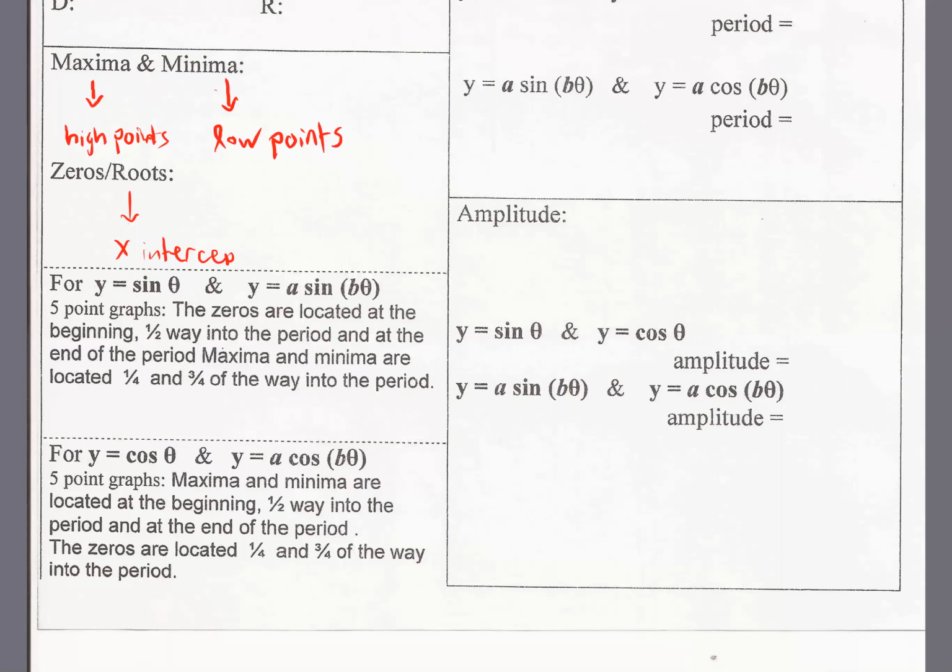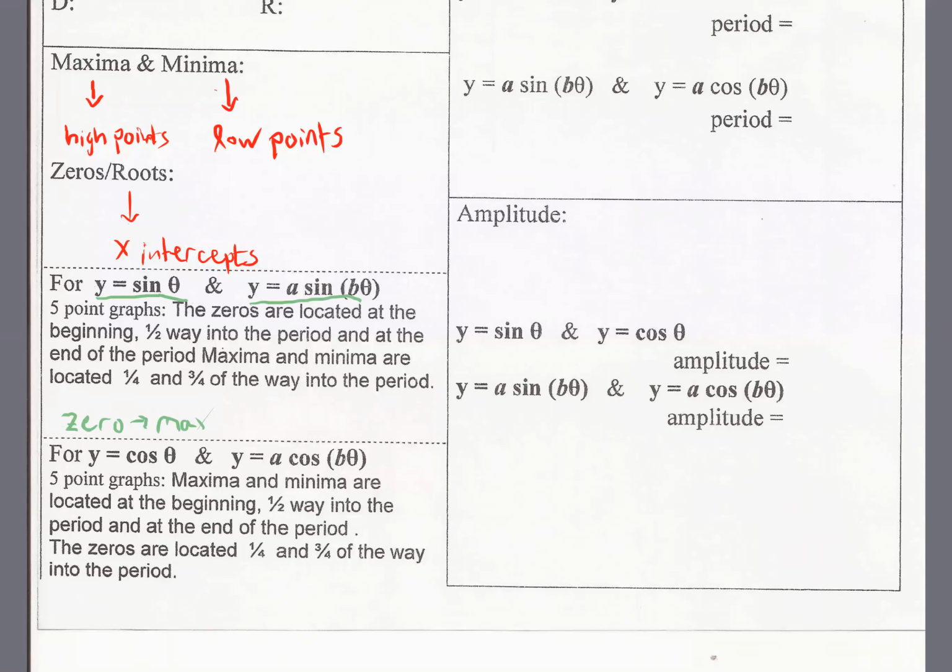So if you're drawing the graph of y equals sine theta, do this in green. If you're starting at the y-axis, it's always going to go this pattern. It's going to go 0, max.